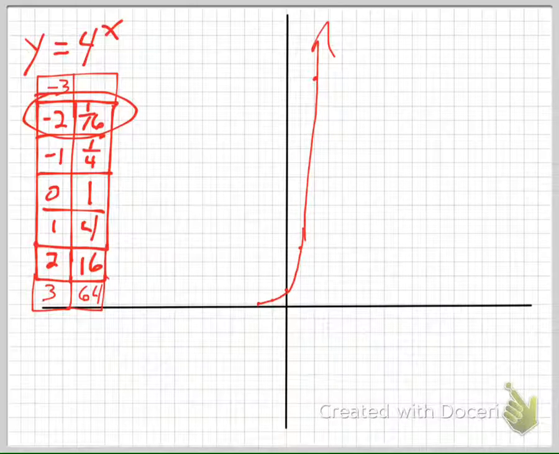What's the answer when x is negative 3? Y is 1/64.